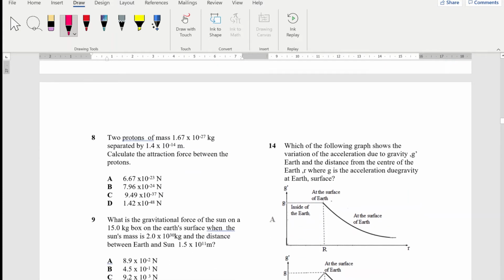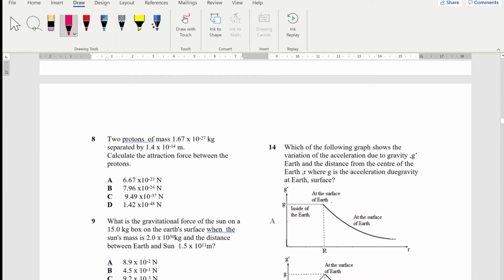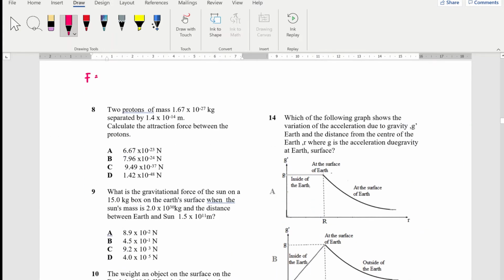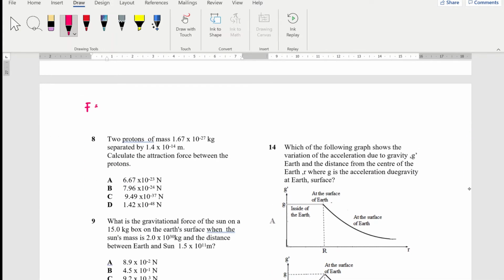Okay, number 8. 2 proton of mass 1.67 times 10 to the power of -7 separated by 1.4 times 10 to the power of -14. Calculate the attraction force between the proton. Okay, this one kena calculate. So G m m over r squared. G macam biasalah, dia punya value is fixed. Jadinya dalam soalan nanti dia akan bagi.